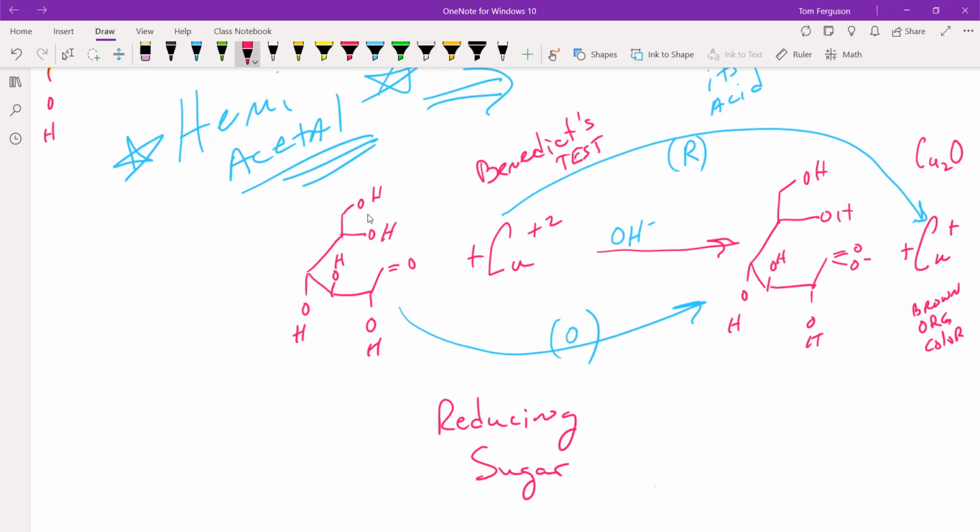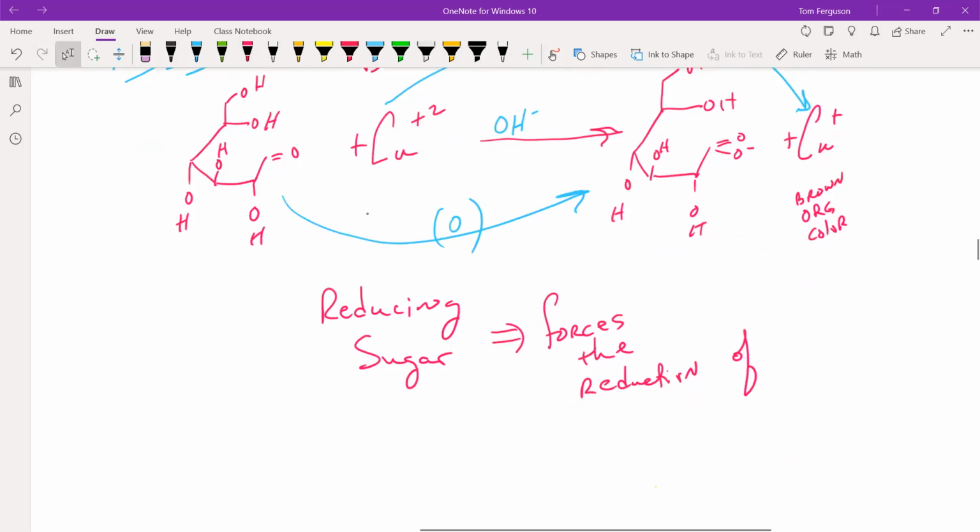So a reducing sugar forces either copper plus 2 to copper plus 1, or silver plus 1 to silver metal.